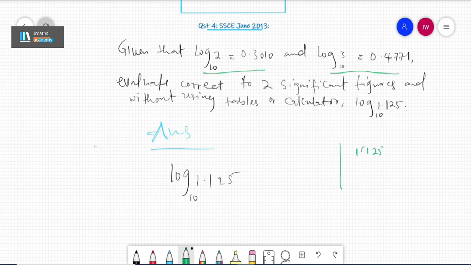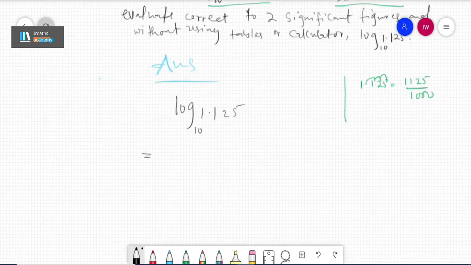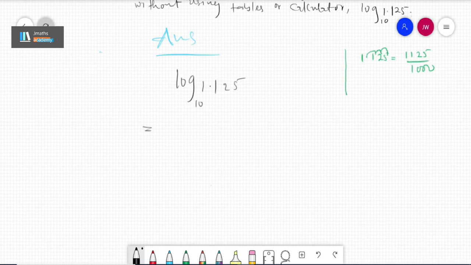As usual, you shift your decimal to make it a whole number to the last number, and we shifted it 3 times, so we'll divide it by 1000 since one shift is 10. So this will be 1125 over 1000.